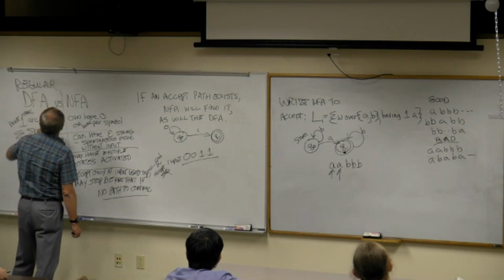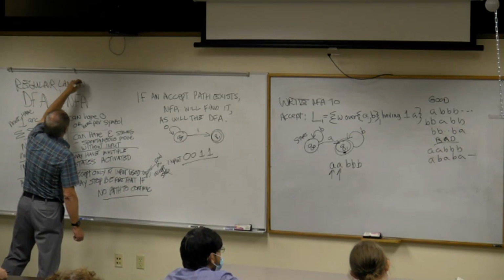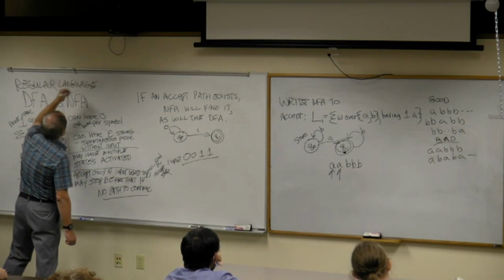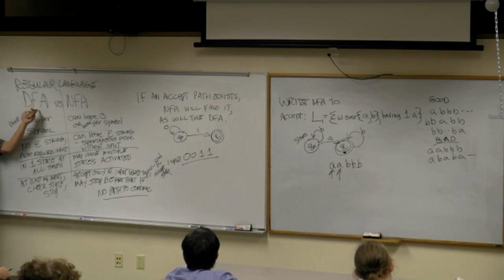Now what about NFAs? Can they do more than a DFA? No, it turns out that a DFA is just a specialized case of the NFA that doesn't have epsilon moves, which are optional, and happens to have one arc per symbol.